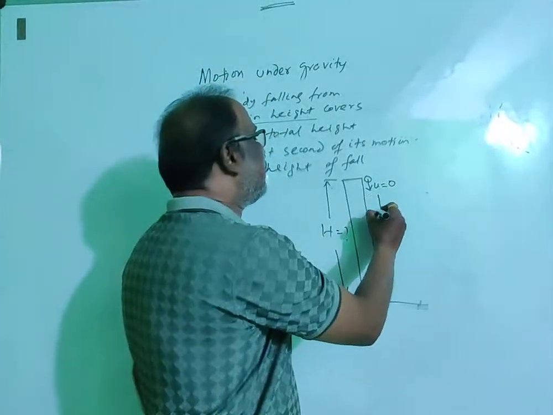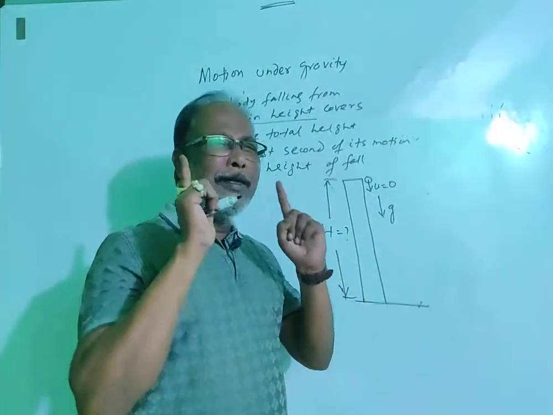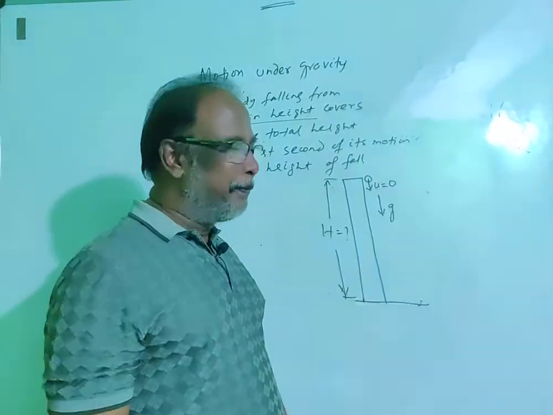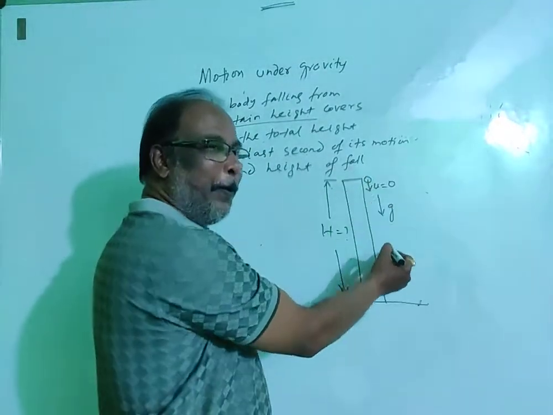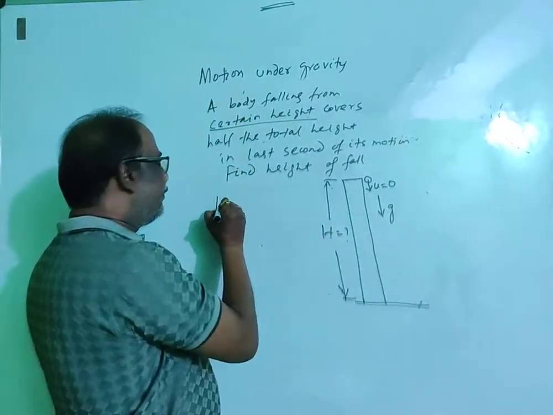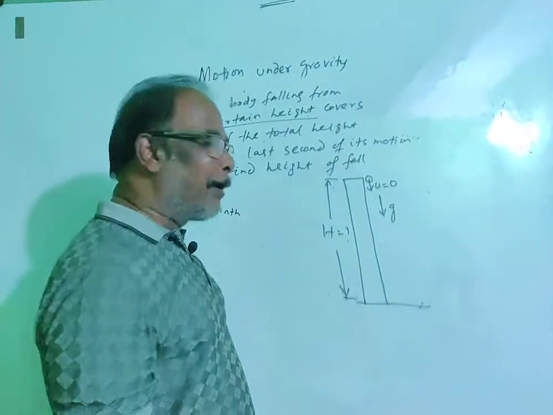And here acceleration is due to gravity, that is g. Then is the motion accelerated or retarded? Accelerated motion. Then velocity will go on increasing. And it is given h and distance travelled in last second.